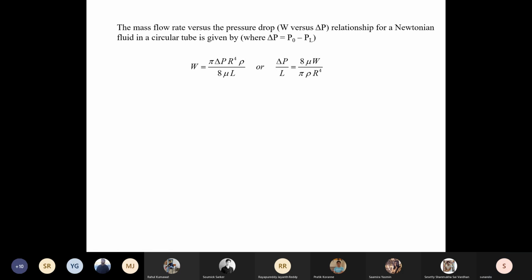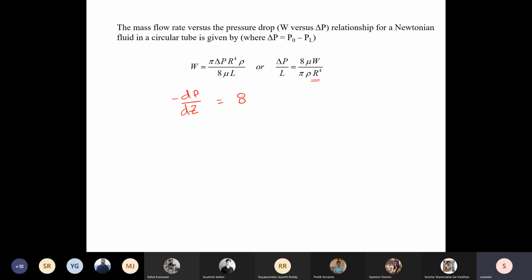With this, the additional constraint that we have is that R is not going to be a constant. So instead of delta P by L, I'm going to write minus dP dz, as I mentioned, the relation between them.